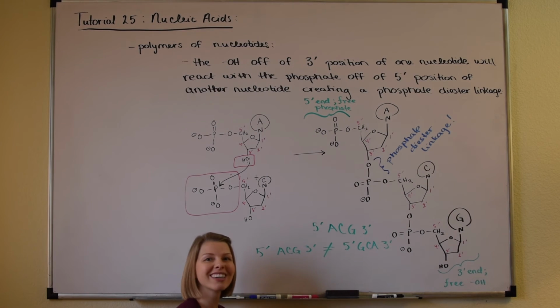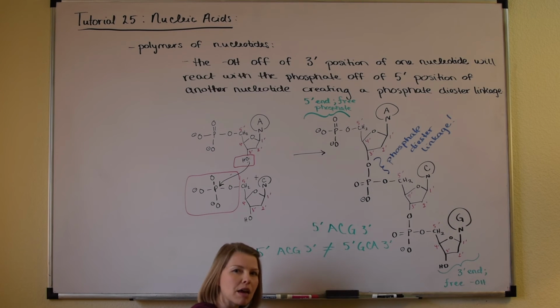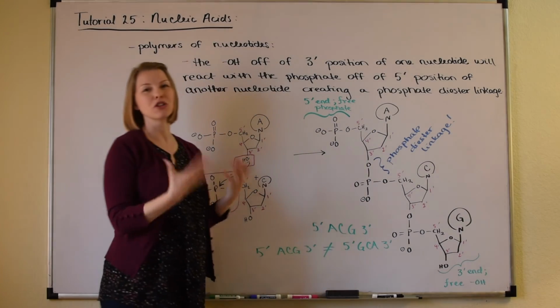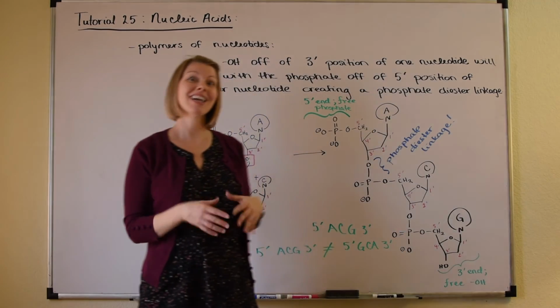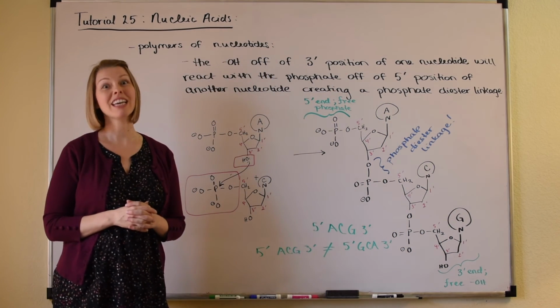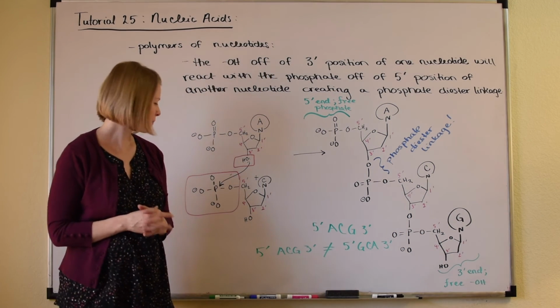So they're similar, they're made up of the same 3 nucleotides, but they are not the same. And the order is important for the function of the nucleic acid. Well, it's really important for the nucleic acid to be able to make the proper functioning protein. And that's something we'll be talking about in our future tutorials.